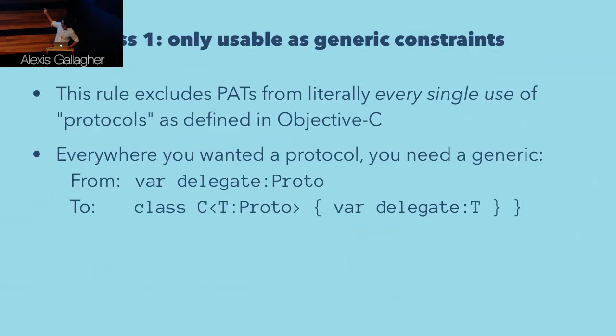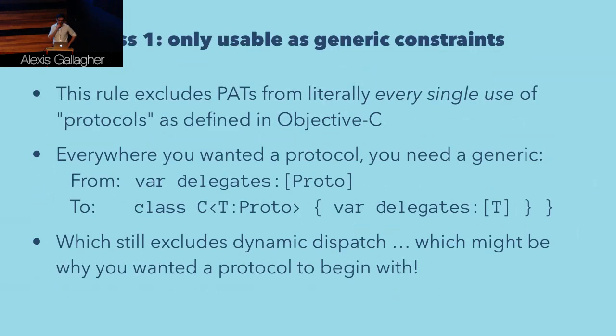And then the delegate declaration gets the type parameter T. So everywhere that I would have had a simple kind of protocol property, I now need to have a generic context for it. And so the effect of this is that now my whole class has become a generic class, which maybe is not what I wanted. Maybe is not what I was used to. Maybe it seems like a big change just in order to be using a PAT.